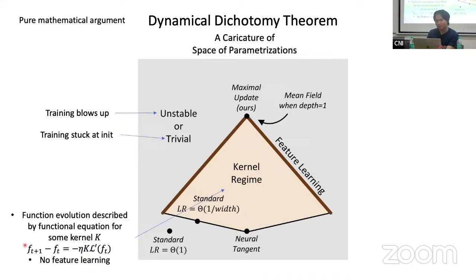This says the change in the function represented by the network due to one step of training is equal to a kernel K times the loss derivative at the current function. In particular, K here is fixed throughout training. Essentially, it's determined by the neural network architecture and computation.